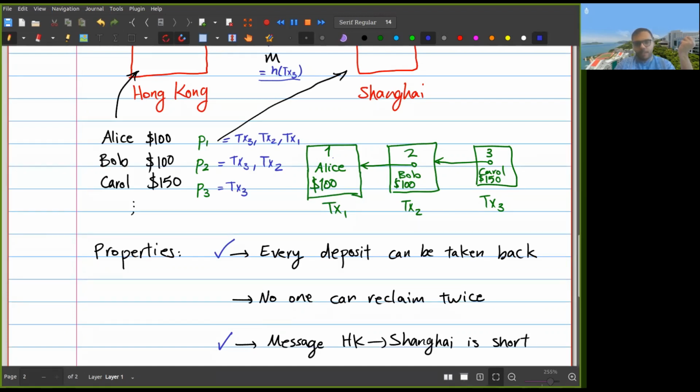And remember, our deposits actually had a sequence number in them. So if the deposit with sequence number 2 is already reclaimed, then the branch would not allow someone else to again claim transaction number 2. So we are fine with this.